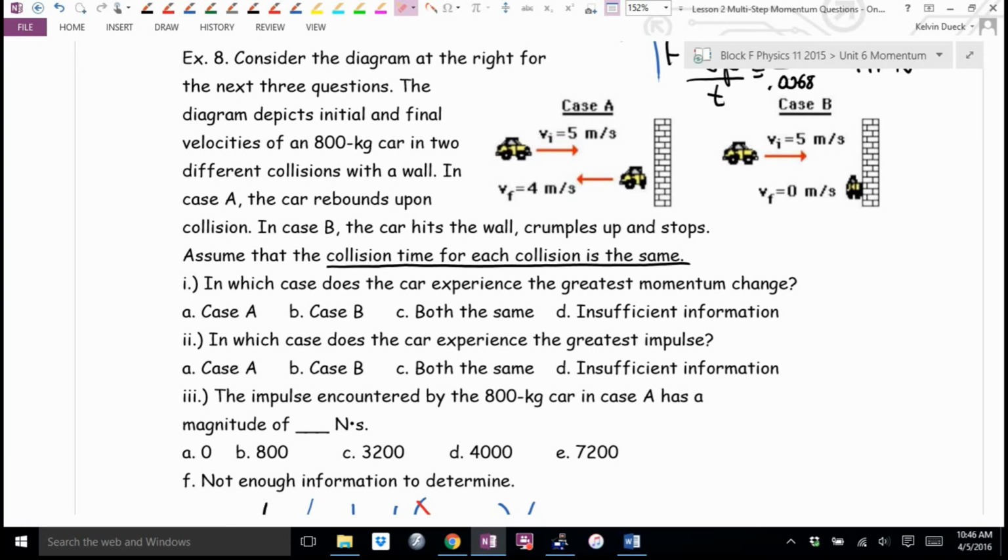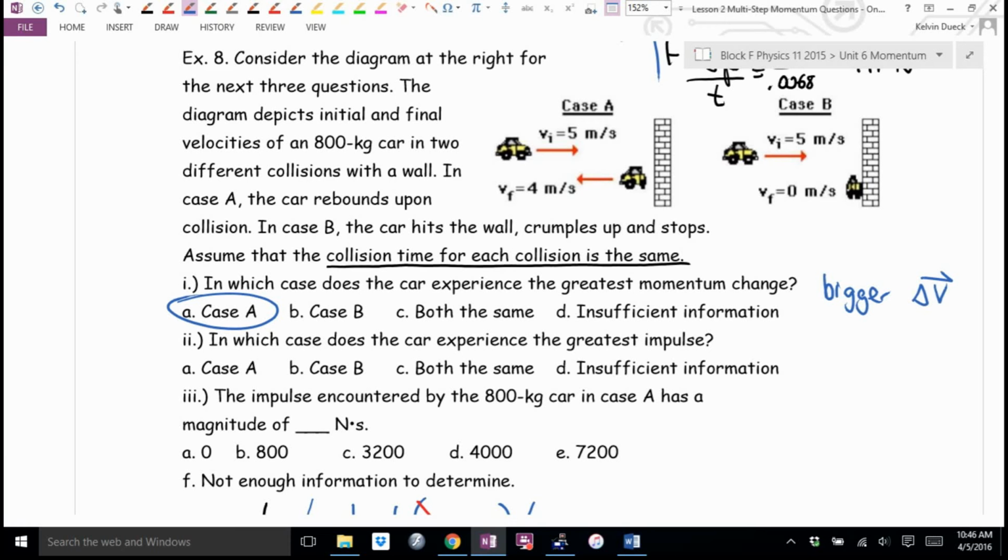5. Impulse is mass times change in velocity. Which one has a bigger change in velocity, A or B? Which one has a bigger impulse, A or B? Everyone has to vote for the second one. In which case does the car experience the greatest impulse?